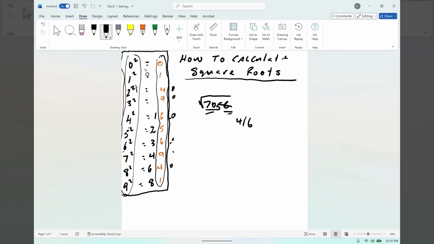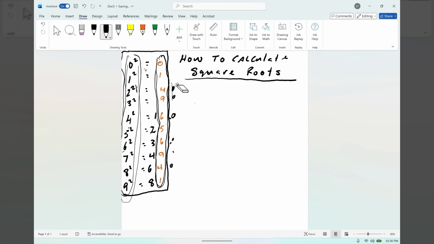So I know that 8 times 8 is 64. That's the closest one, so my answer will be 8. And if I multiply 8 by the next number above it, 9, that will give me 72. So 70 is less than 72. Therefore, I will use a 4, and my answer will be 84.